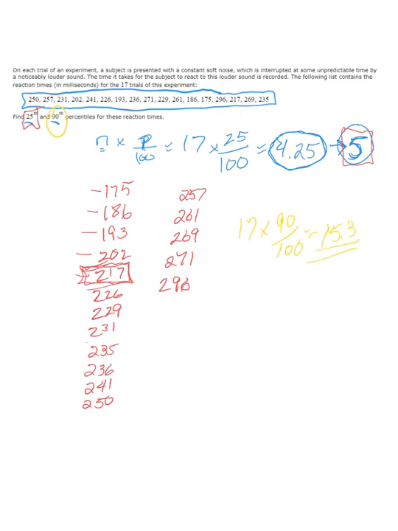I'm always going to round up, so I'm going to get to 16, and I'm going to count to my 16th number. Since there are 17 of these, this is 17, and this would be the 16th number. So 271, that number right there, is going to serve as the 90th percentile for this data.